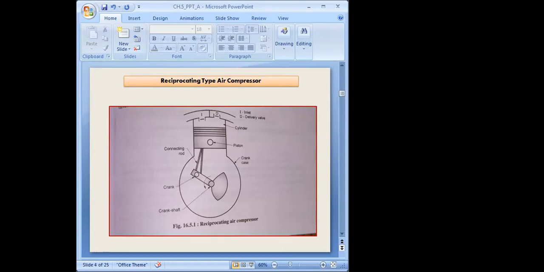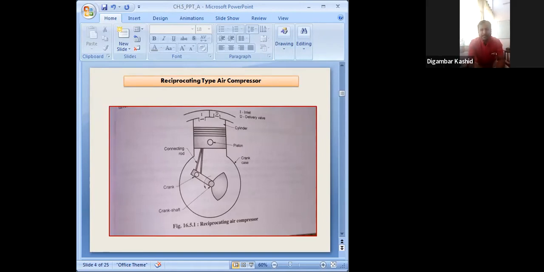Please tell me the difference between the pump and compressor. In the chat box you can also write your answer. Pump and compressor, please tell me.